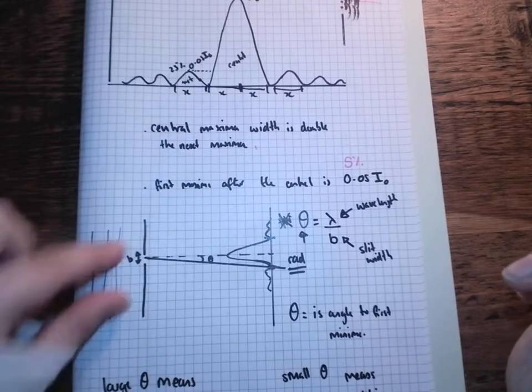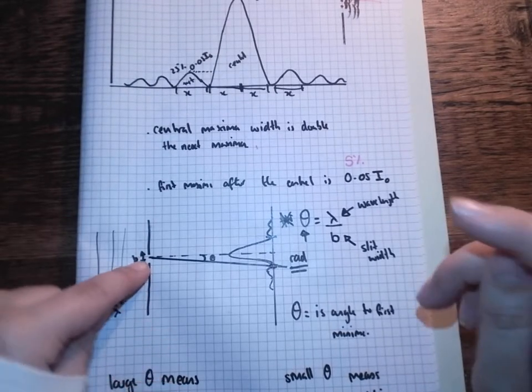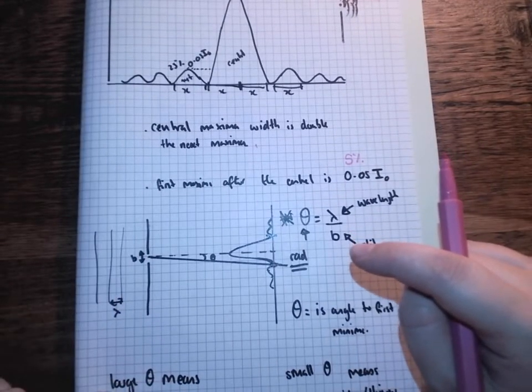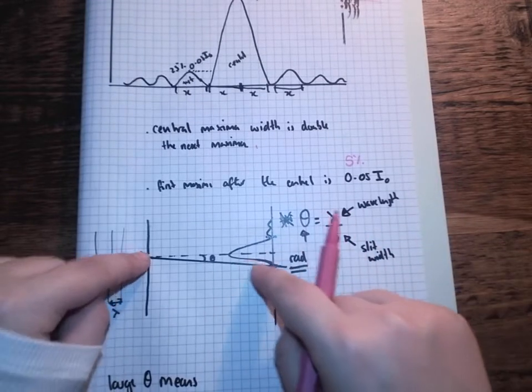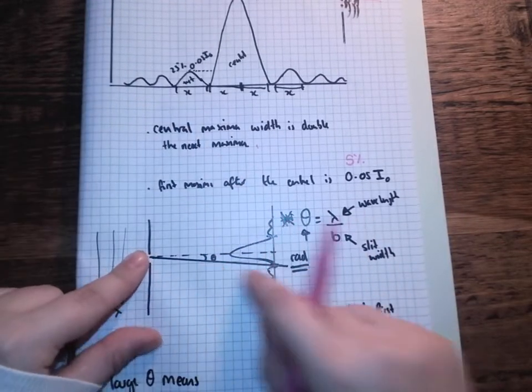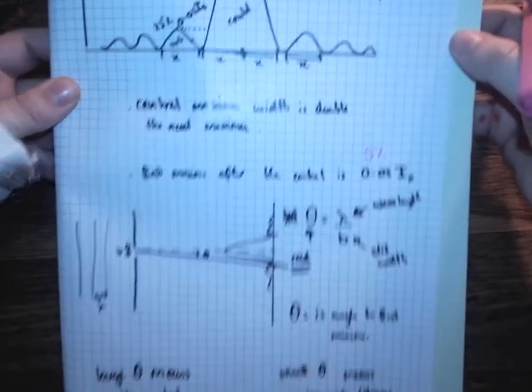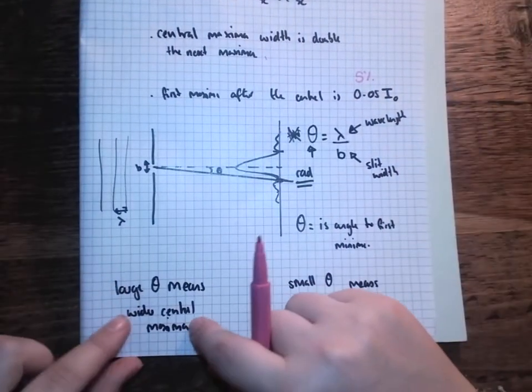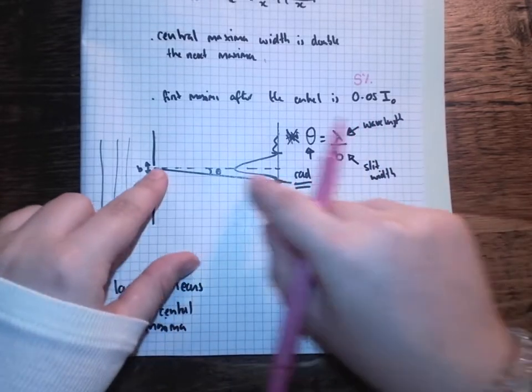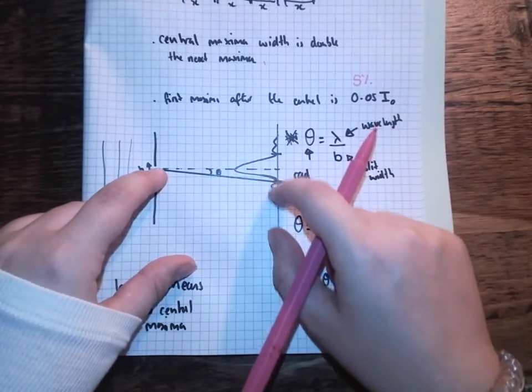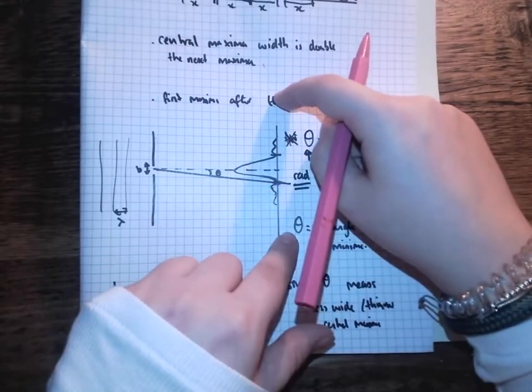If I start looking at what a large angle would mean, a large angle basically means that this is going to be coming out much further, so I'm going to have a much wider central maxima. So if theta is greater, my interference pattern is going to be more spread out.